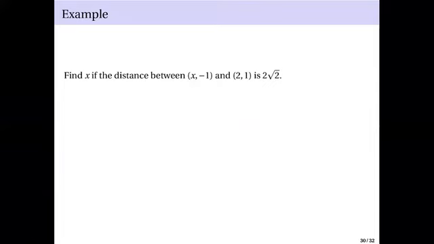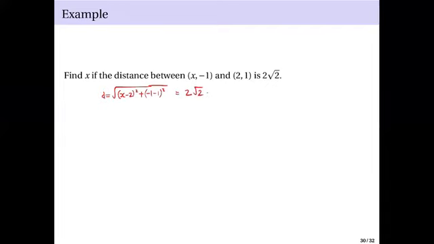We need the distance d, the square root of x minus 2 quantity squared plus negative 1 minus 1 quantity squared. This must be equal to 2 square root of 2.